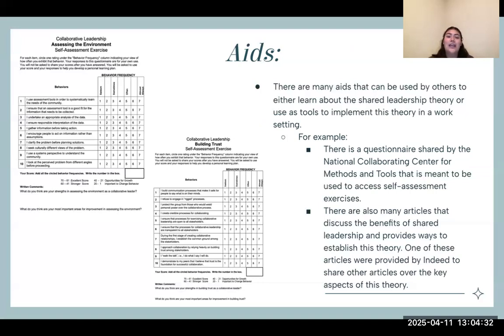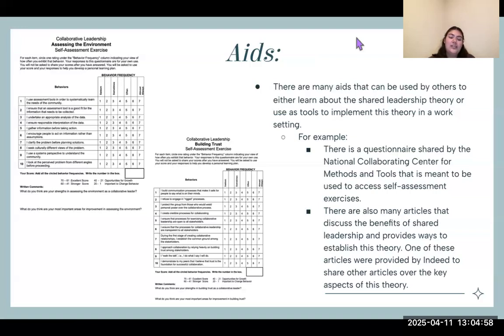Some aids I found that can be accessed very easily by the general public is this questionnaire by the National Collaborating Center for Methods and Tools. They have a sort of PDF file in which there are many self-assessment exercises, in which they provide little tests that you can rank yourself on.